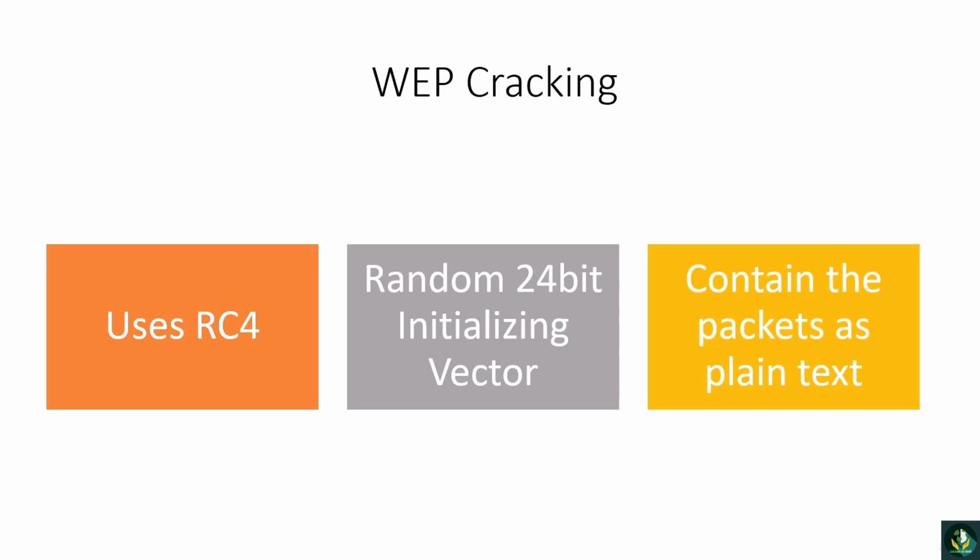But the problem with this is that the initialization vector is very short. It's just 24 bits. So in a busy network, a very large number of packets are sent into the air. This means the possibilities of unique IVs will be exhausted, and we will have two packets that have the same initializing vector.